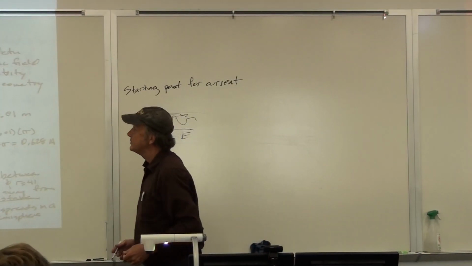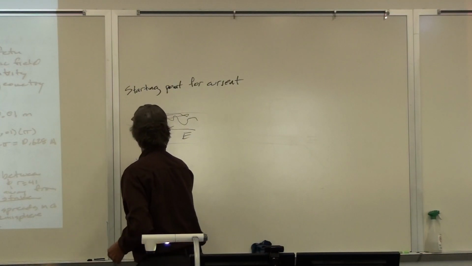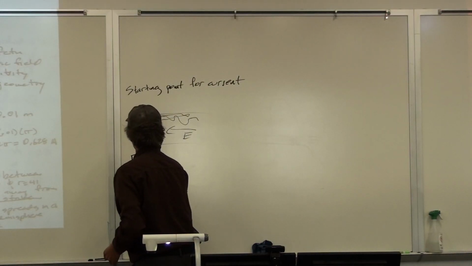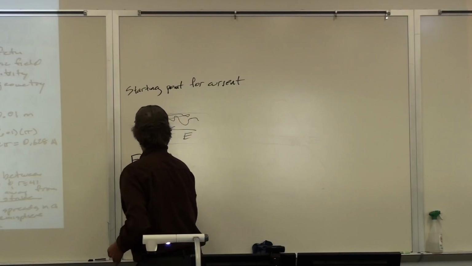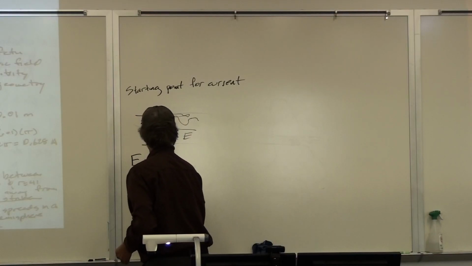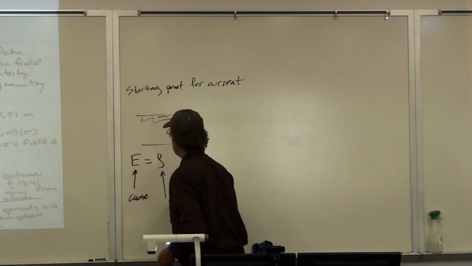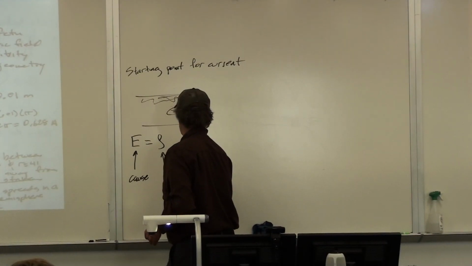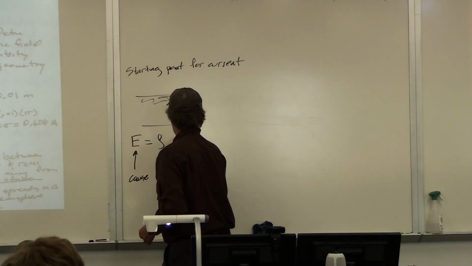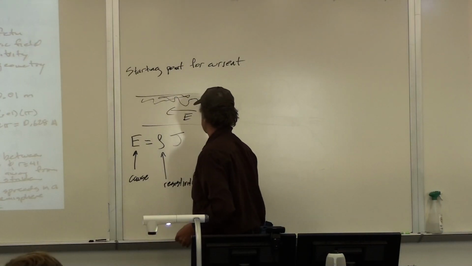And so we can think in terms of the applied electric field, this is the cause, as equaling, and this is what we call the resistivity of the substance, times J, which is the current density.